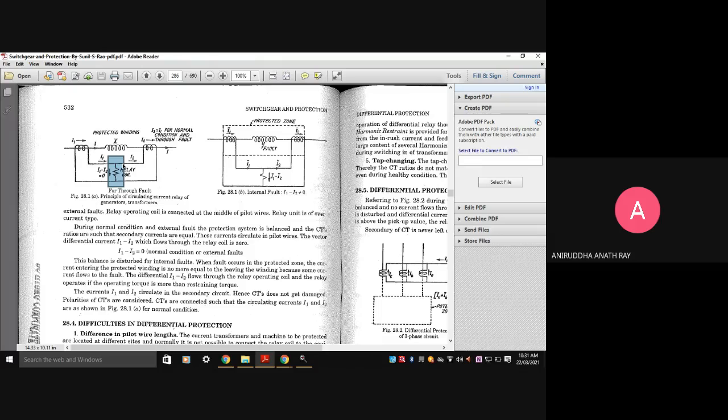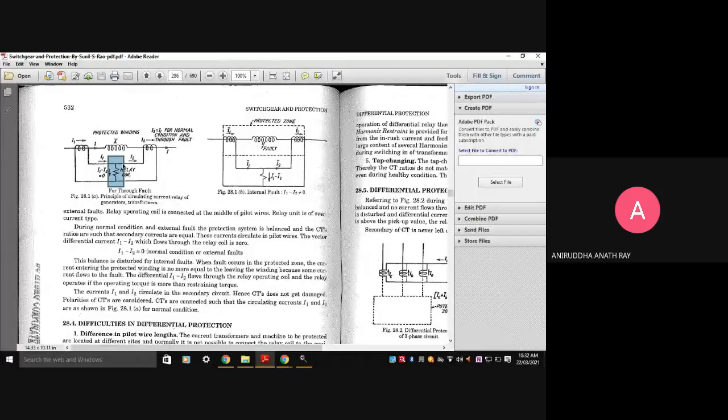Students, during normal conditions and external faults, the protection system is balanced and the CT ratios are in such a way that the secondary currents are equal.